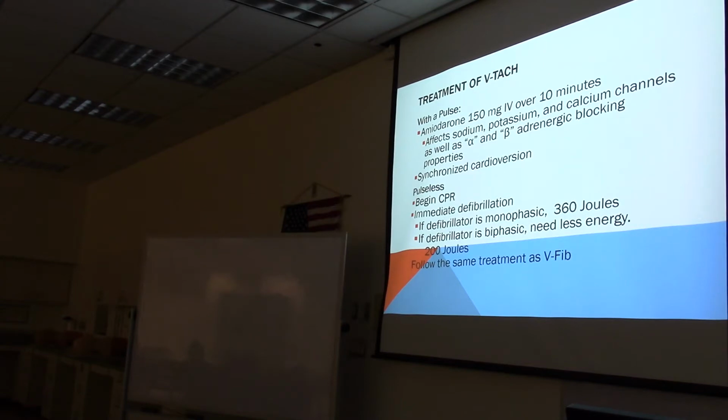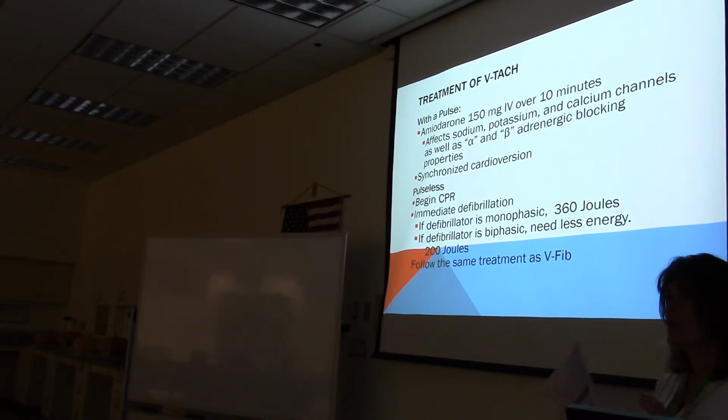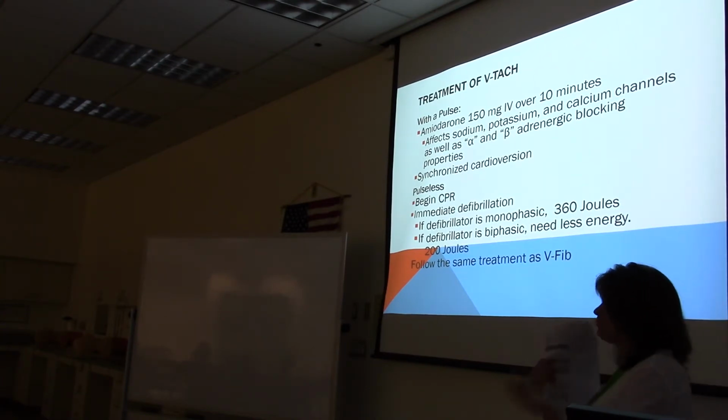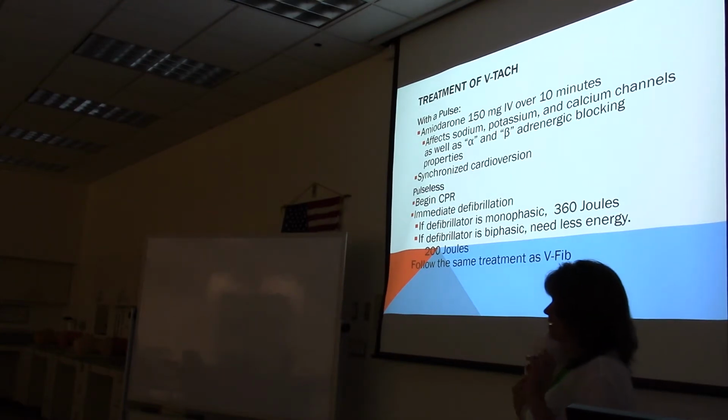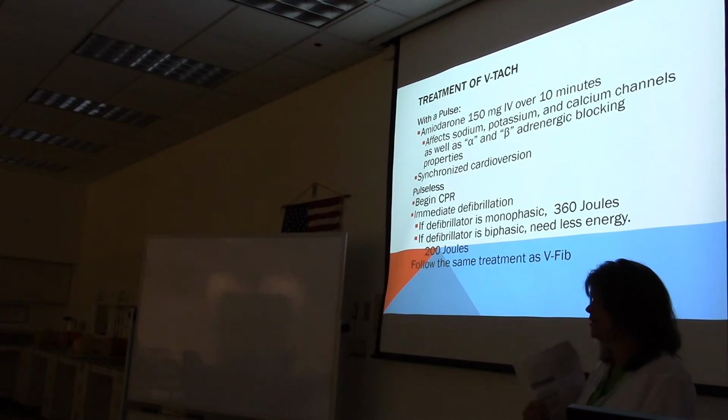So there's different types of defibrillators. The older ones are called monophasic defibrillators. And what that means is when the energy is discharged, it only is discharged from one of the paddles, and it'll travel through tissue, bone, and deliver a lot of energy to the entire heart.